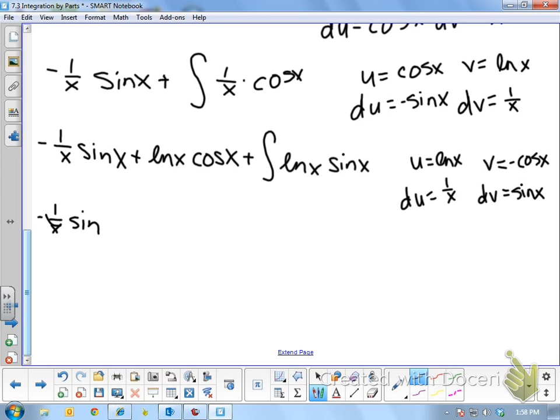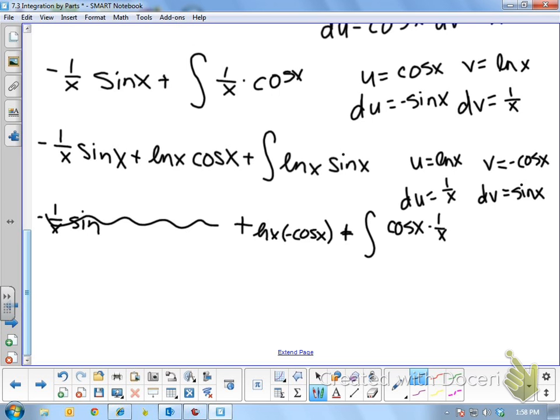It's all repeat. Plus uv, so plus ln x, negative cosine x. It is repeat, which is why I think we can solve it, because it does repeat. Minus the integral of v du, so plus cosine x times 1 over x.